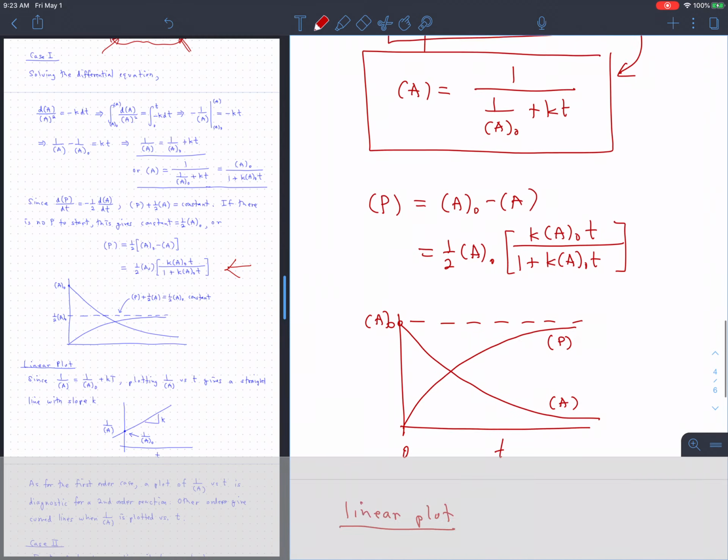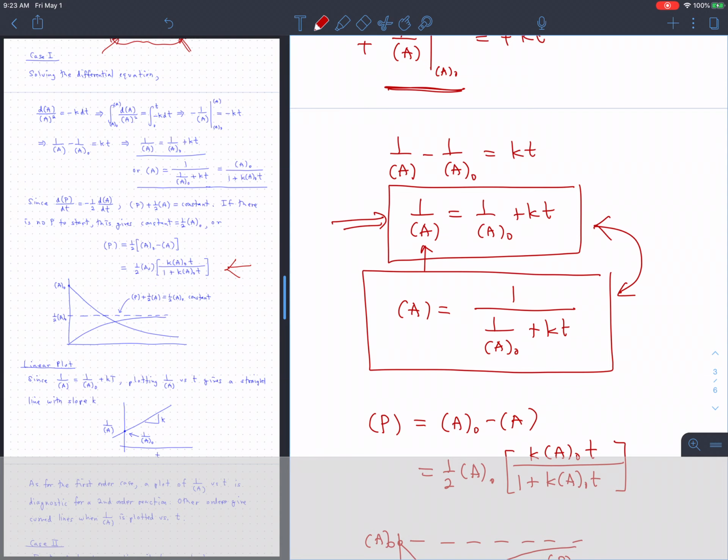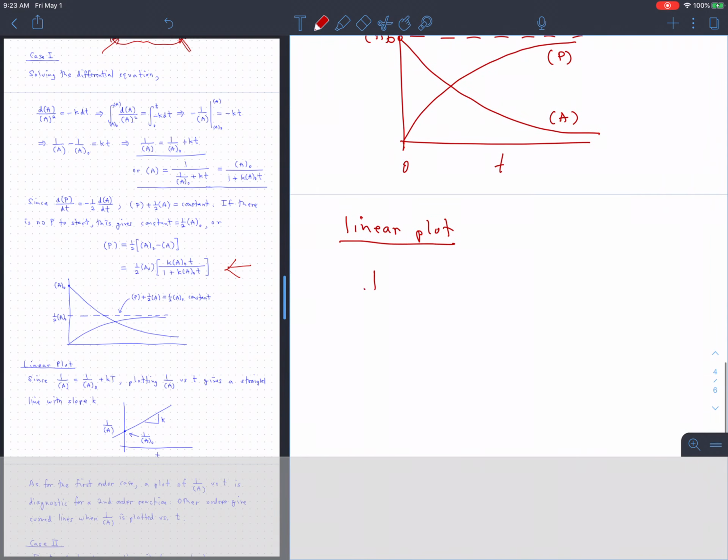And we use this relationship up here to make that linear plot. If 1 over A is equal to 1 over A0 plus kt, and we identify that as y, this as m times x, and this as b, then you can see that plotting 1 over A versus t here should give us a straight line.